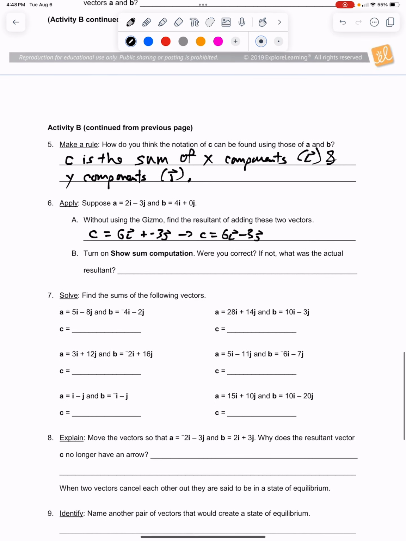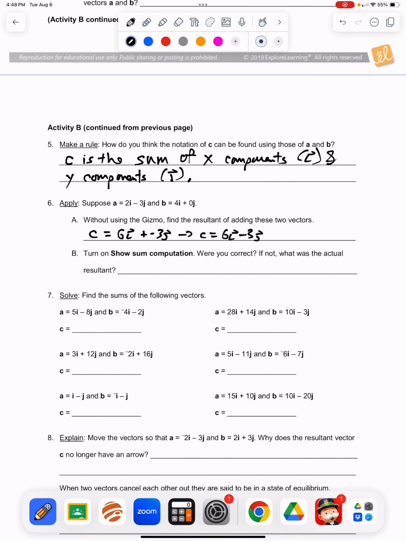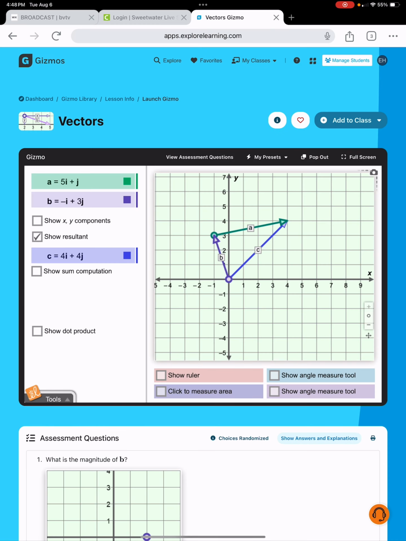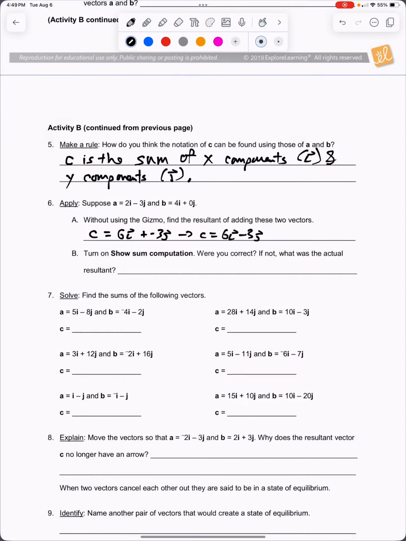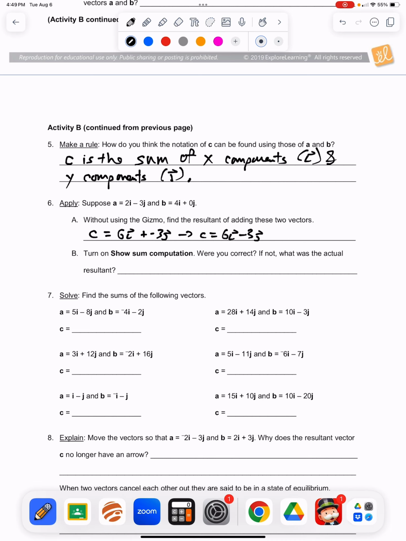Part B, turn on, show sum computation. Were you correct? If not, what was the actual resultant? So first, let's create those vectors. 2i minus 3j. So 2i minus 3j. Okay, that's the first part. And then 4i plus 0j.